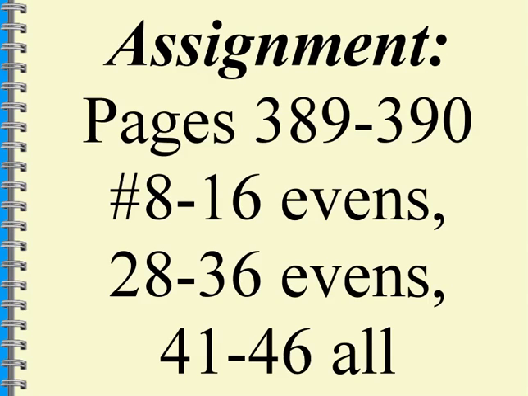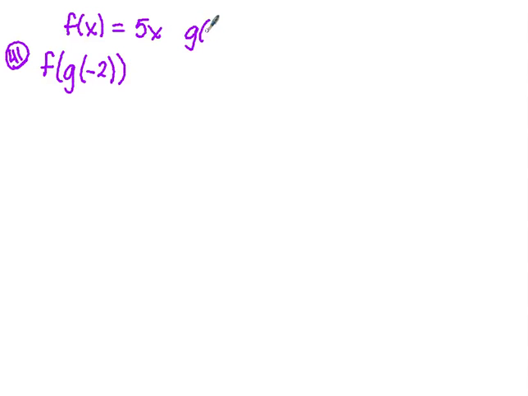So on 41, the problem says f of g of negative 2. They tell you that f of x equals 5x, and g of x equals negative 2x plus 1.